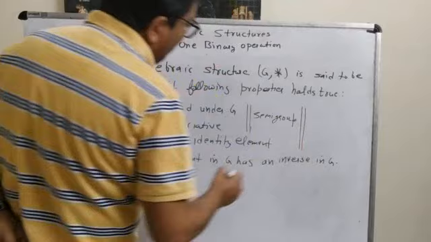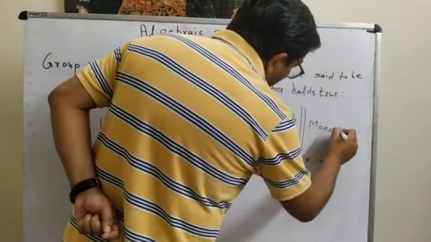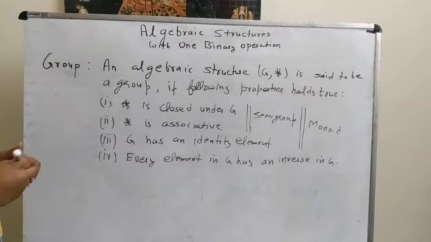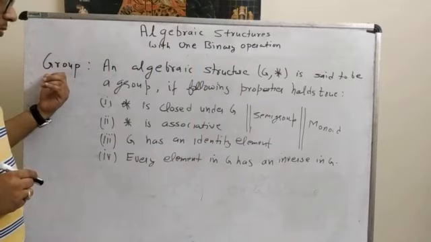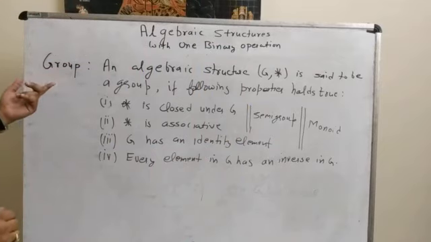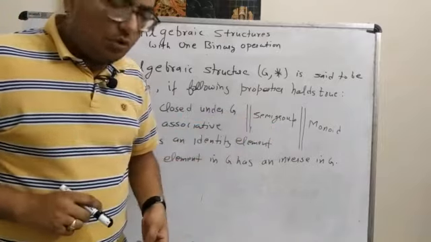And if we add the third one, it becomes a monoid. So from here we can conclude that if an algebraic structure is a group, then it must be a semigroup as well as a monoid.